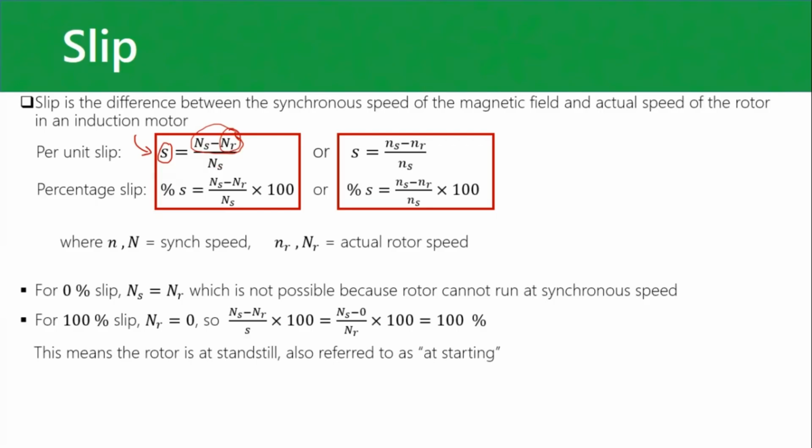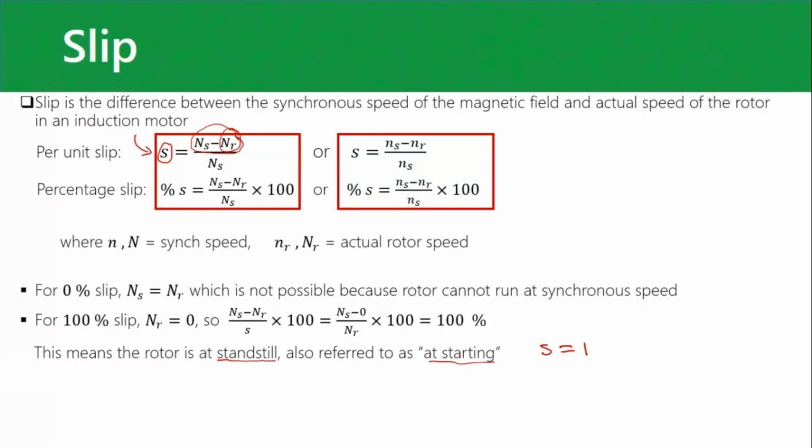So wherever you see in a question this word, standstill, or at starting, or at startup, S equals 1. Because you close the breaker and apply the three-phase voltage to the stator windings.